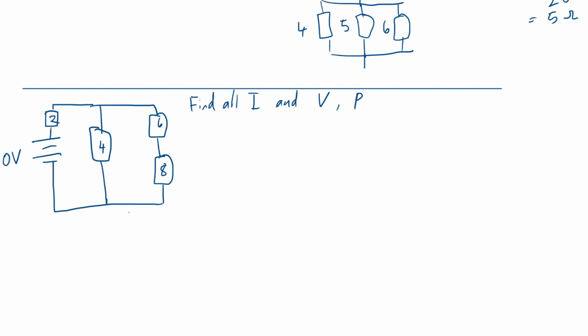So if you want to just pause the video and try it out yourself, right? Finding out the total current, the middle branch, the right branch current, finding the voltage drop across the 2 ohm, the 4 ohm, the 6 ohm, and the 8 ohm, as well as their power output. So pause and give that a go. All right, welcome back. If you didn't pause, shame on you, but let's continue.